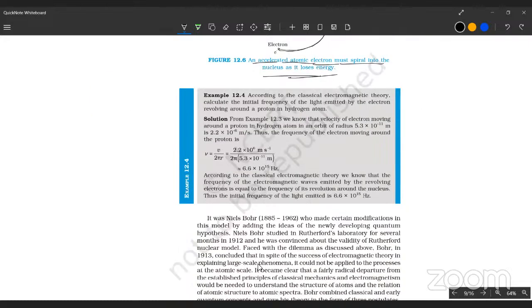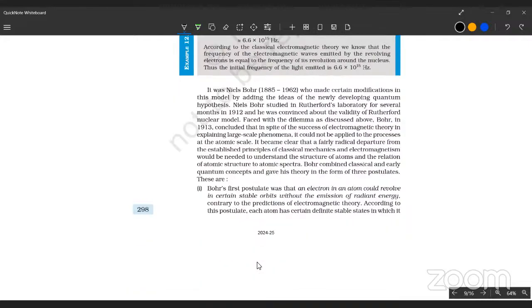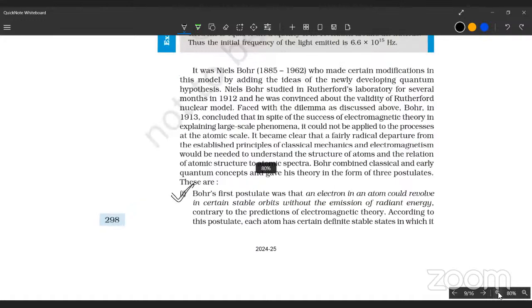Now, as per Bohr's atomic model, Bohr's first postulate, it comes in the exam. What is Bohr's first postulate? It tells that an electron in an atom could revolve in certain stable orbits without emission of radiation energy.